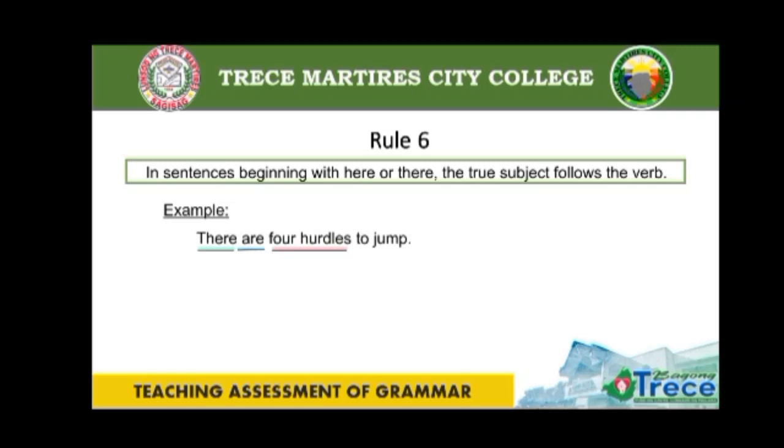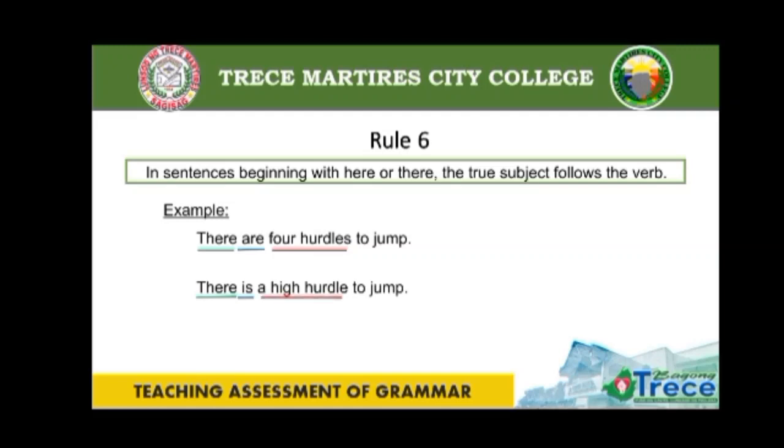You can see the subject here is plural. Therefore, we are going to use a plural verb, which is "are." Next example is: there is a high hurdle to jump. So "there" comes first, followed by "is," which is the verb, then the subject.